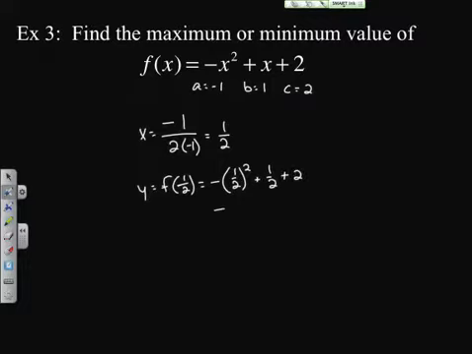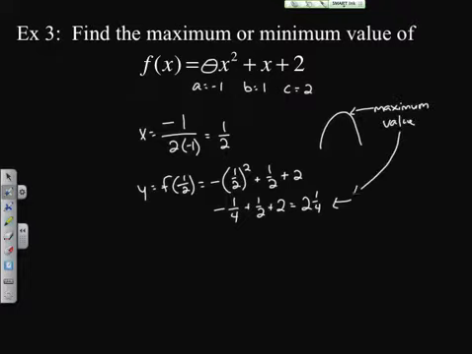So negative 1/2 squared is 1/4. And that gives us an answer, negative 1/4 plus 1/2 plus 2 is 2 1/4. Because a is negative, this is a parabola that opens down, so it has a maximum value. And that maximum value is 2 1/4, which occurs when x equals 1/2.